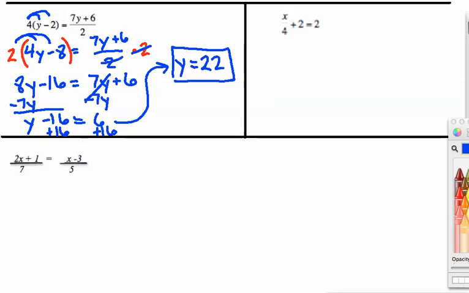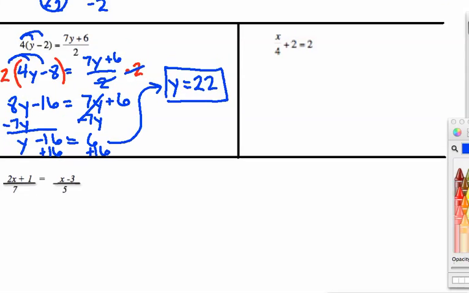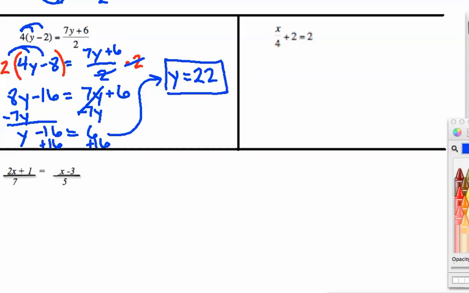Alright, I just want to quickly highlight a slight difference here. When we have a 4 in the denominator, but it's not by itself, we have to get the fraction by itself before we multiply. So in this case, we're going to subtract 2 first. Then we're left with x over 4 equals 0.